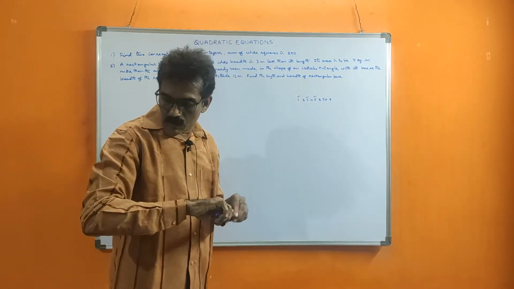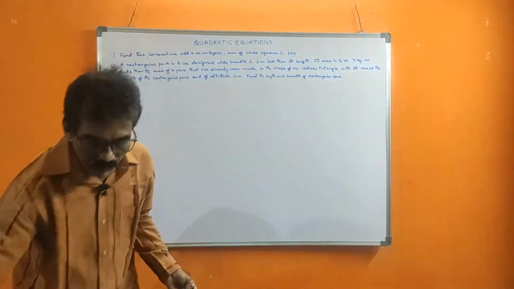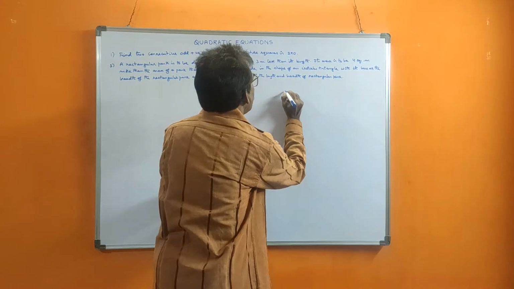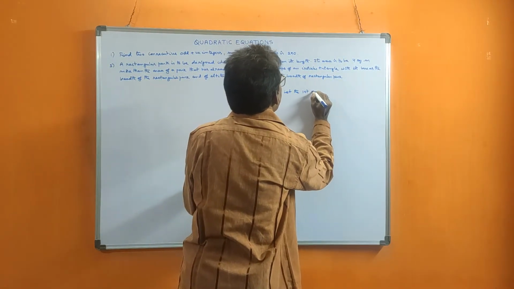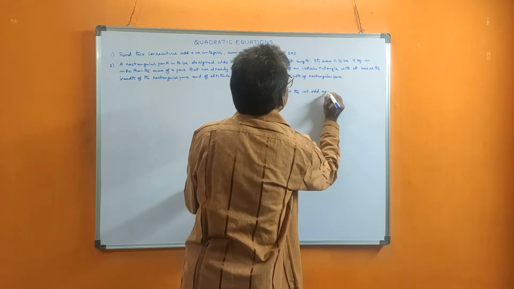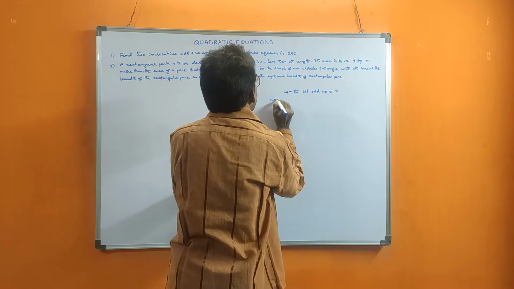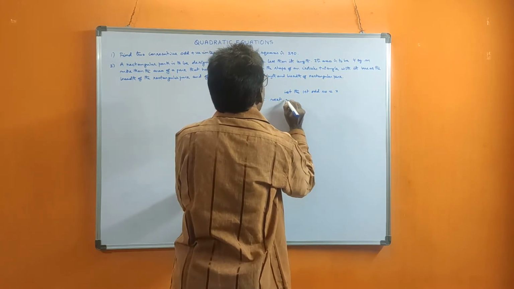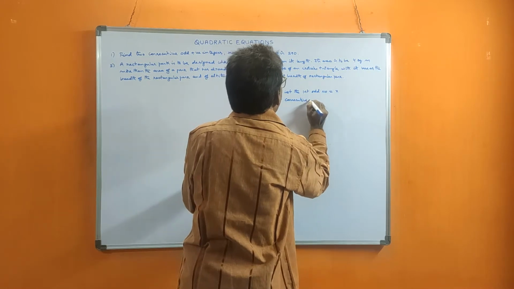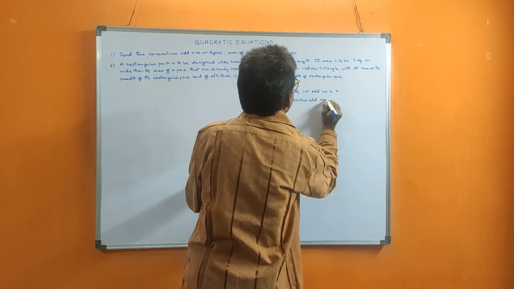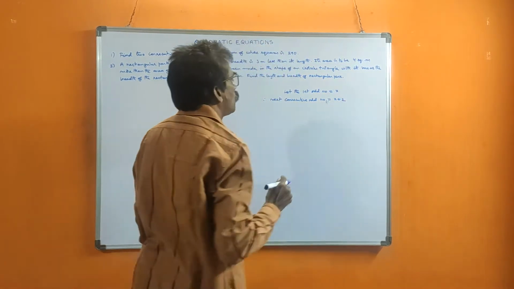Okay. So now let the first odd number be equal to x. Therefore, the next consecutive odd number is equal to x plus 2.